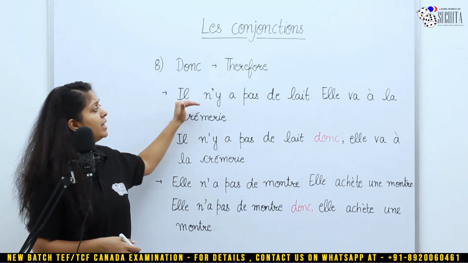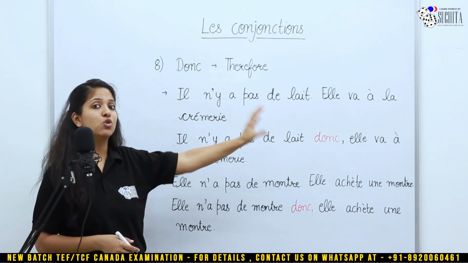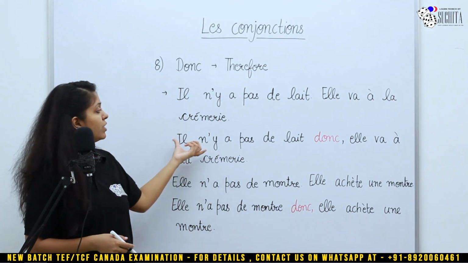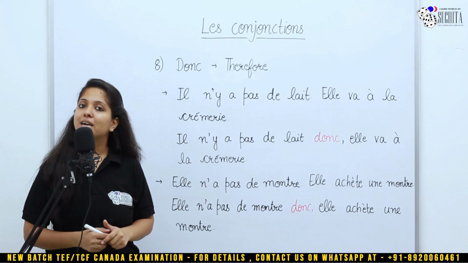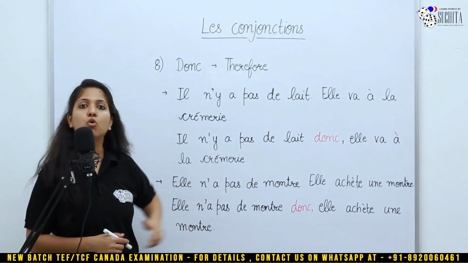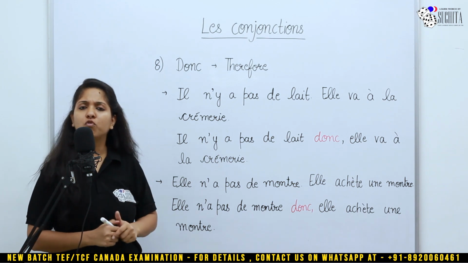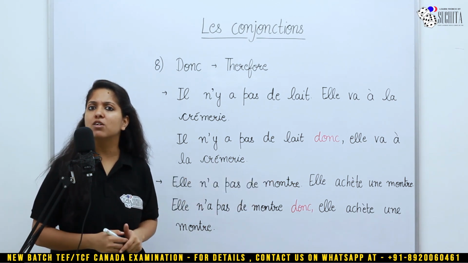Okay. So il n'y a pas de lait. That's the reason. And the consequence is that she goes to the dairy. So il n'y a pas de lait. Donc, elle va à la crèmerie. Next example is elle n'a pas de montre. She doesn't have the watch. Elle achète une montre. She buys a watch.